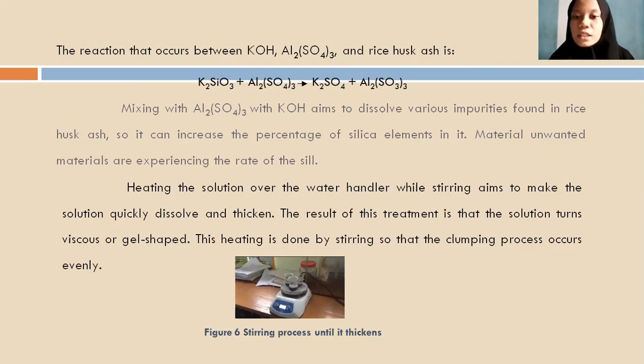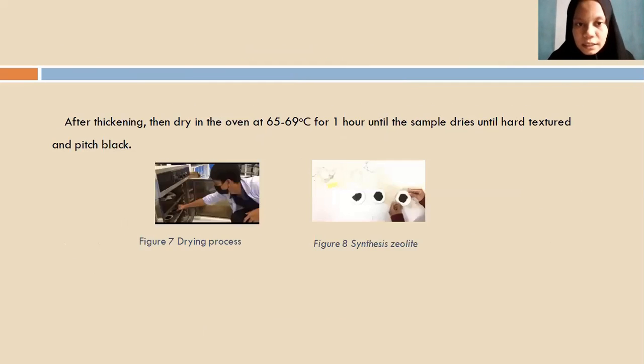The result of this treatment is that the solution gels. This heating is done by stirring so that the clumping process occurs evenly. After thickening, it is then dried in the oven for 1 hour until the sample dries to a hard texture and pitch black.